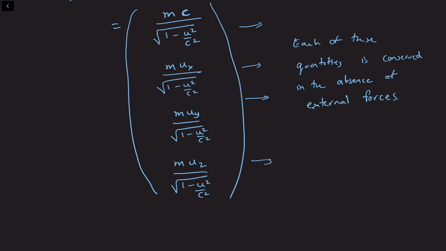Let's try to understand now what each of these components are. And this would be true, remember, in any reference frame, whether you're in a frame S or in a frame S prime, all of these 4 quantities would be conserved.